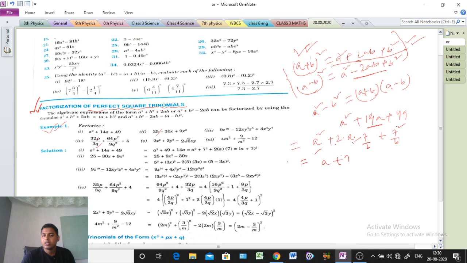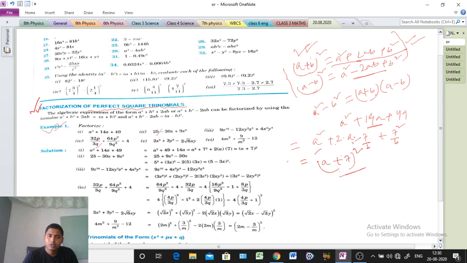This is the answer. Understood? Very easy. Just two formulas will apply: one a plus b whole square formula, another a minus b whole square formula. Understood? Okay.